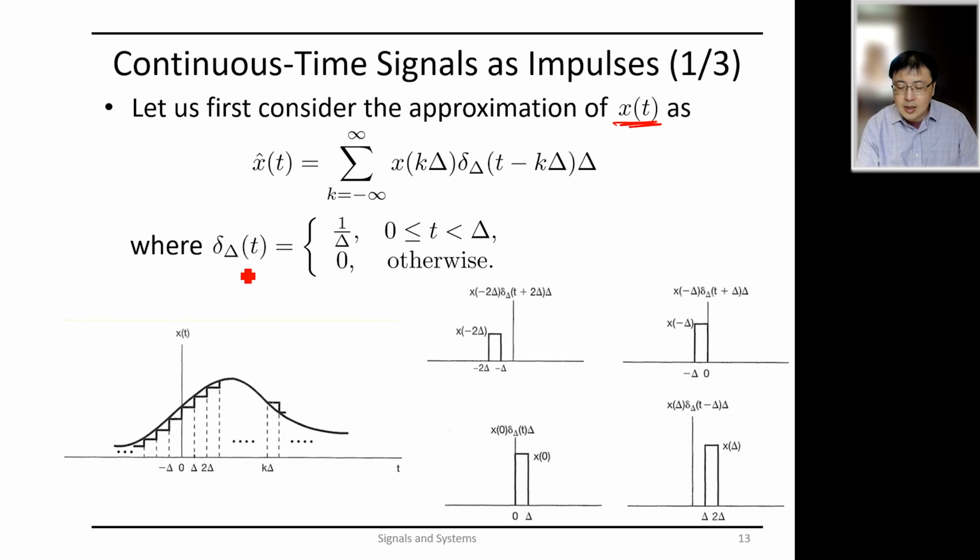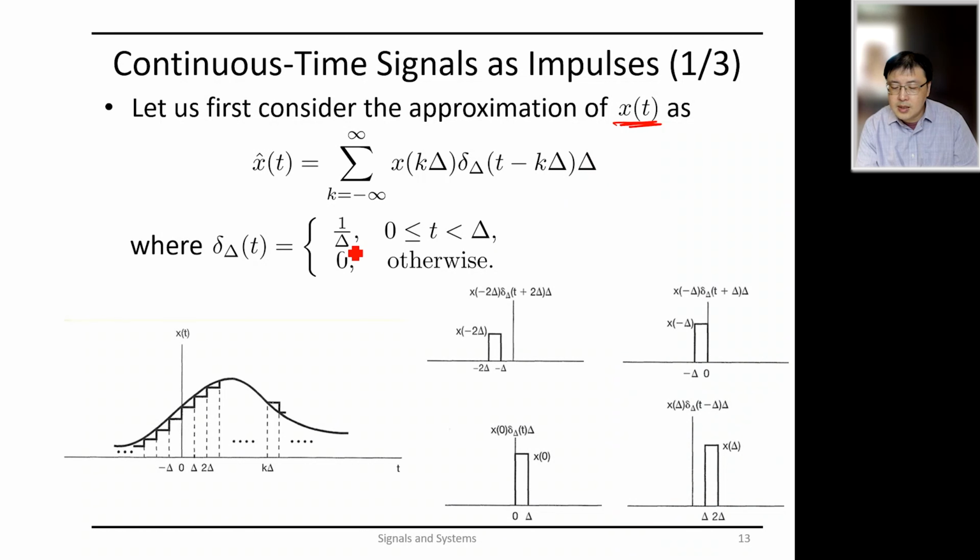So delta sub capital delta of t is this rectangular, short pulse, assuming delta is very small, with magnitude 1 over delta when t is between 0 and capital delta and 0 everywhere else. So delta sub capital delta of t minus k delta is this square pulse shifted to time k delta and then multiplied by delta, right?